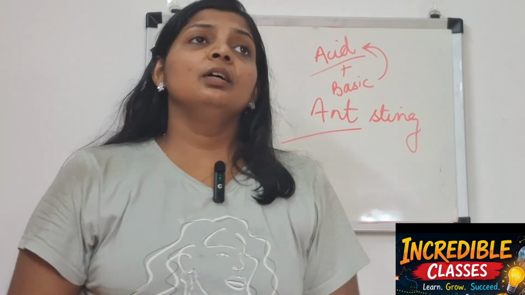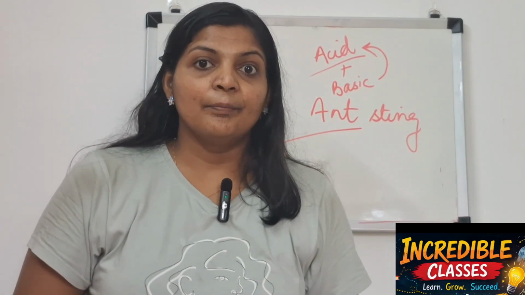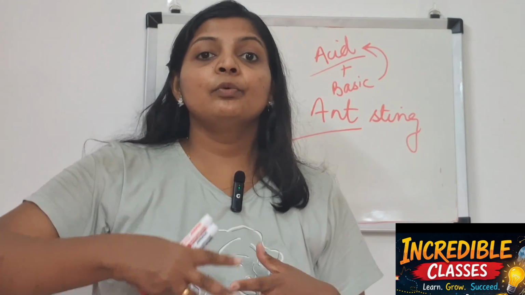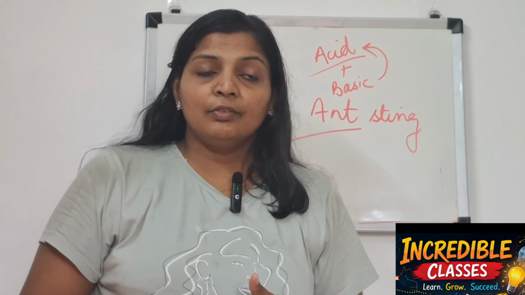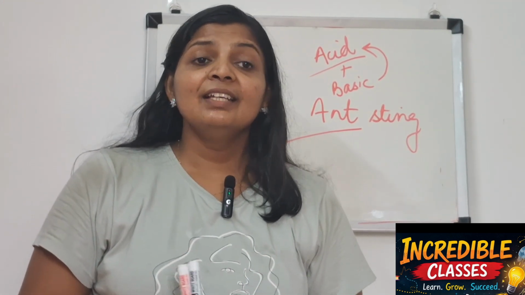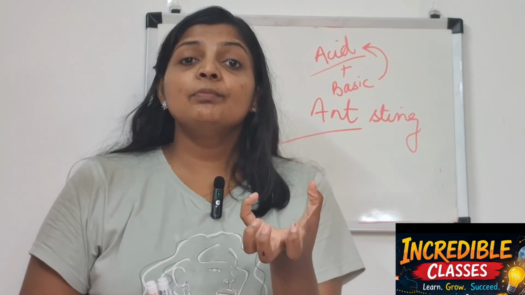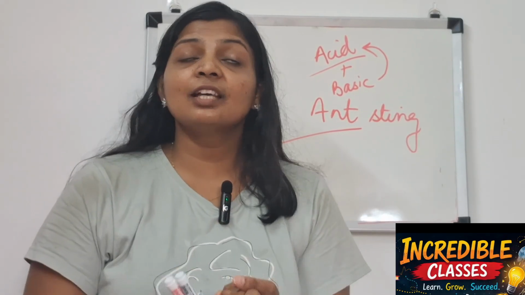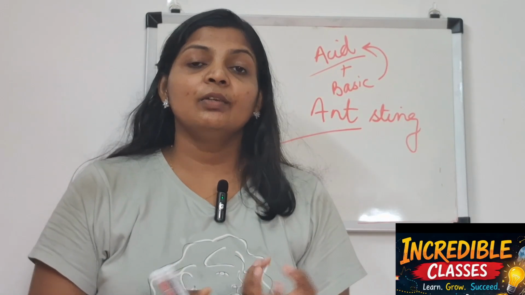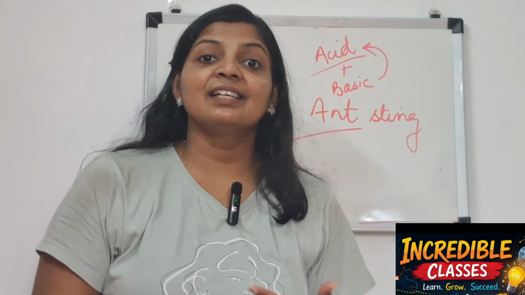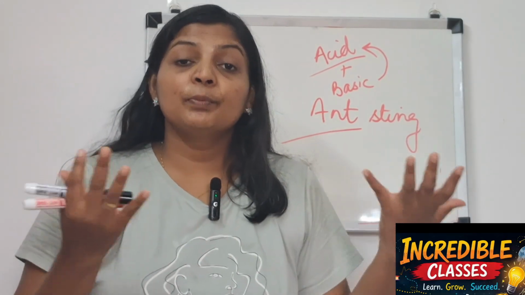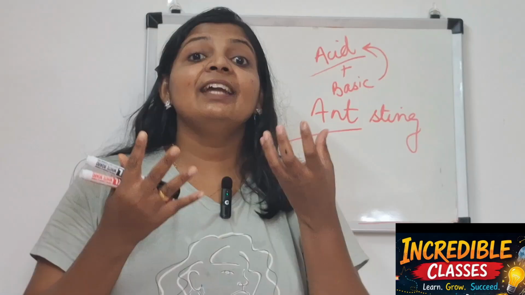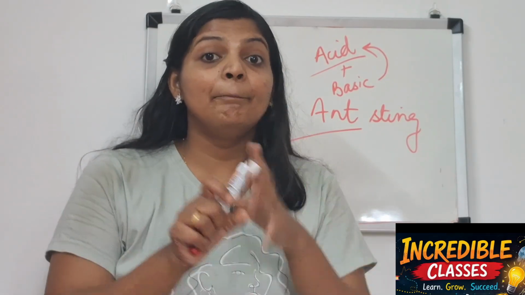Let's take the field of agriculture. Sometimes we put so many fertilizers. Why? Sometimes the soil becomes so acidic that plants are not able to grow. Then what do we do? We put fertilizers which contain most probably potassium hydroxide. Okay, that contains basically a base.